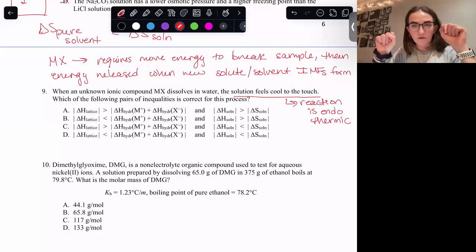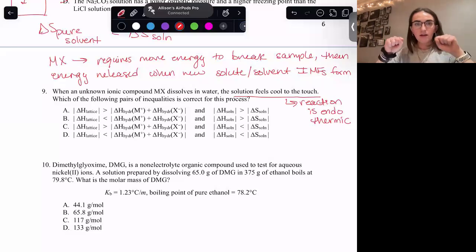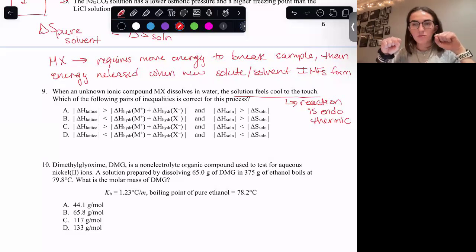When we then solvate our ions, or put them in solution, and they dissolve, that releases energy because you're now forming bonds between the solute and the solvent that surround it. We're forming IMFs, and all bond formation releases energy.